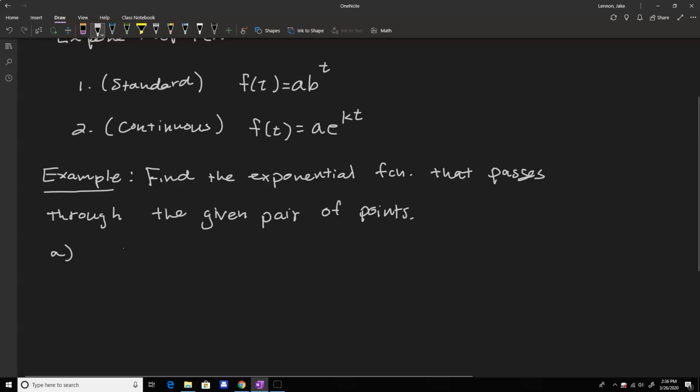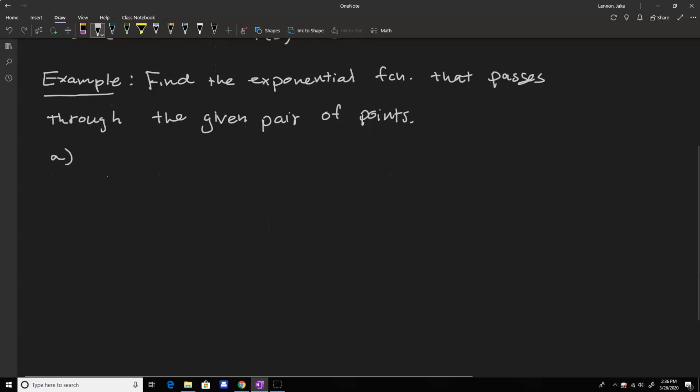So the first one is a little bit different from last time. The points are going to be 0, 8, and 3, 0.013824. I've made it so it works out nicely, but this has a lot of decimal points. The interesting thing to note here is this is your y-intercept.